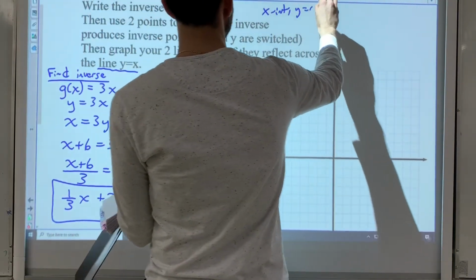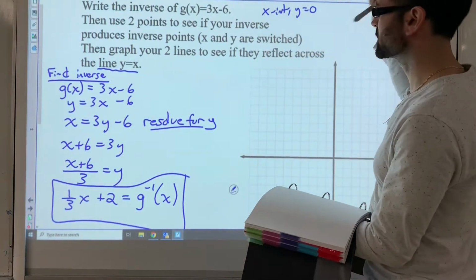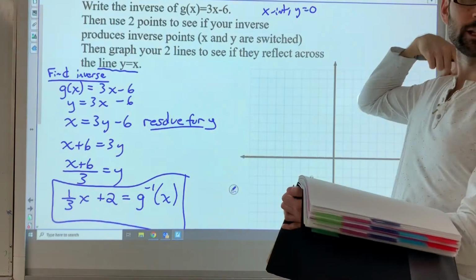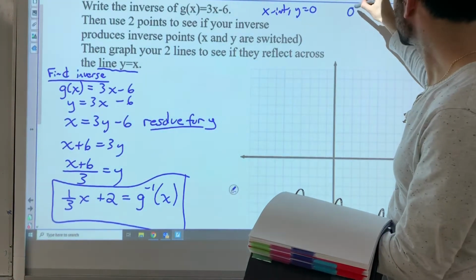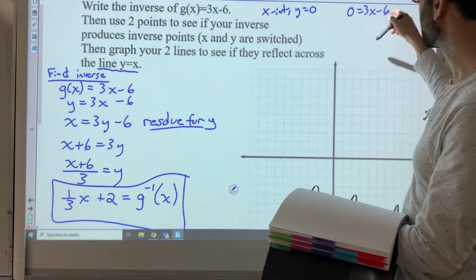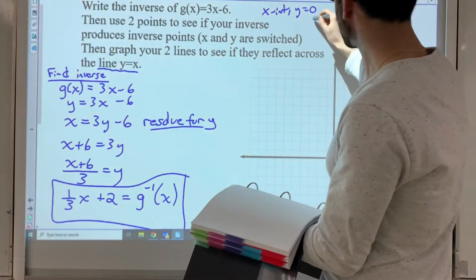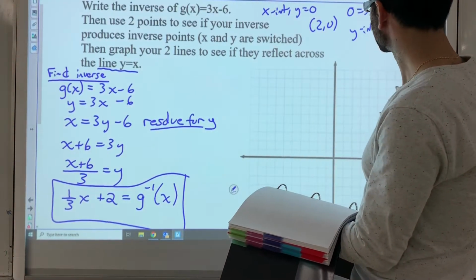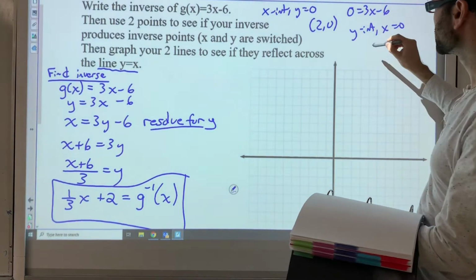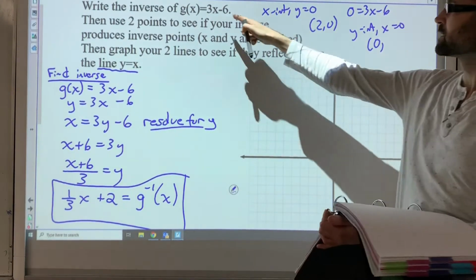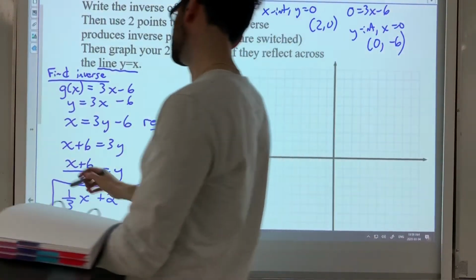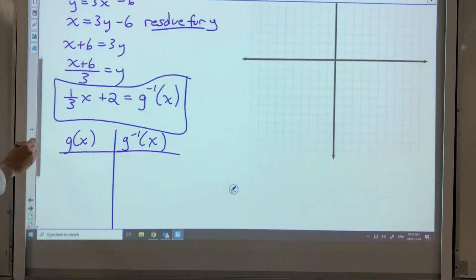When g of x equals 0, looks like 2. You guys agree? Like 0 equals 3x minus 6. I think we get 2. So we have the point 2, 0 on the graph. What's the y-intercept? When x equals 0, you get negative 6. That would be 2 good points to do. So we got 2, 0, and 0, negative 6.